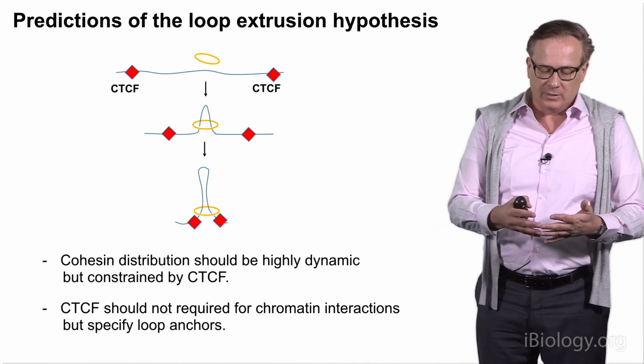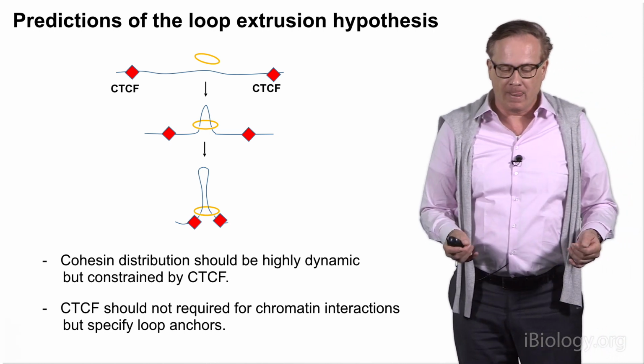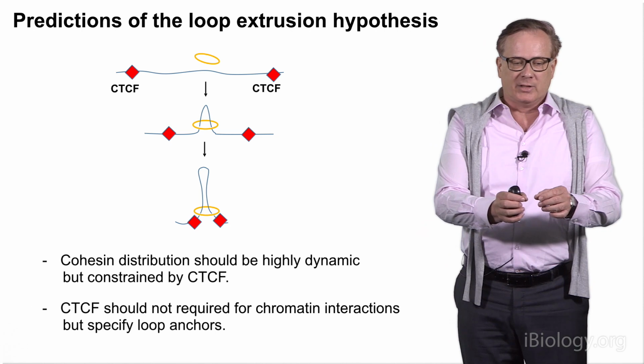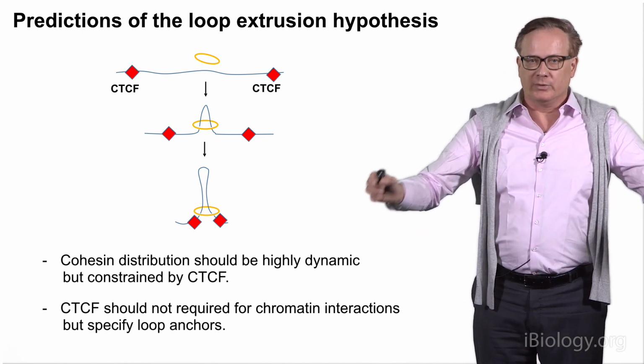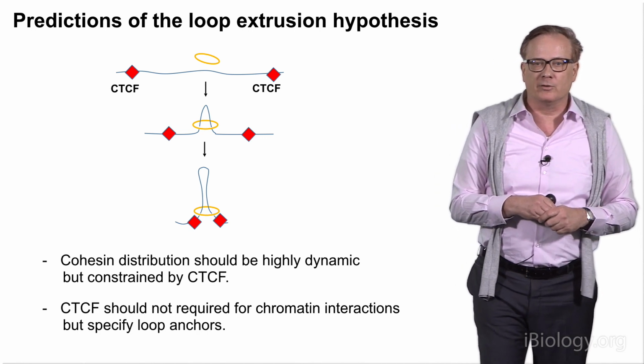And that in reality, cohesin would be highly mobile in the genome. It would be extruding loops all the time, and only the complexes that would be stopped by CTCF would then be present in these peaks that one sees by chromatin IP.